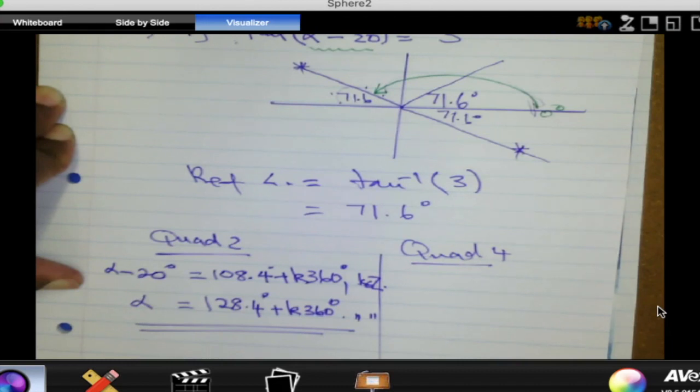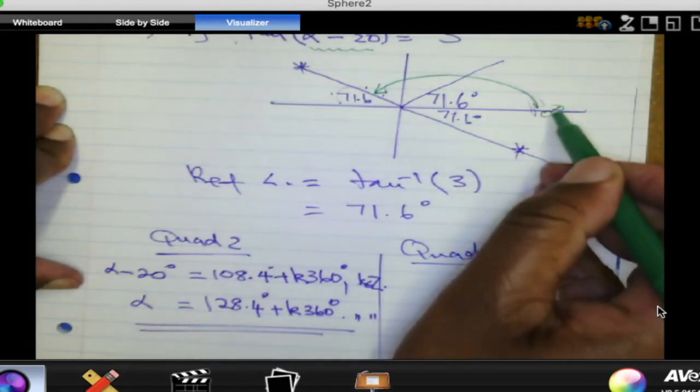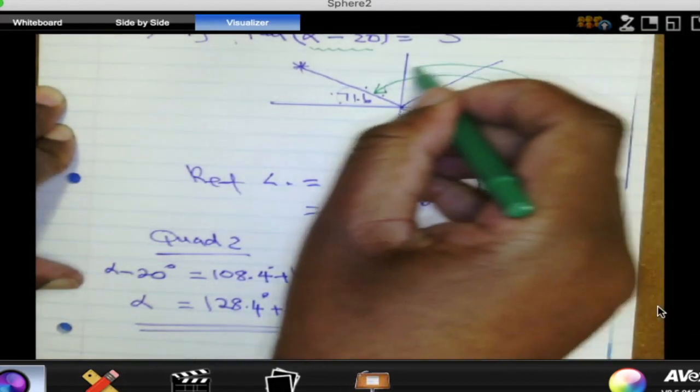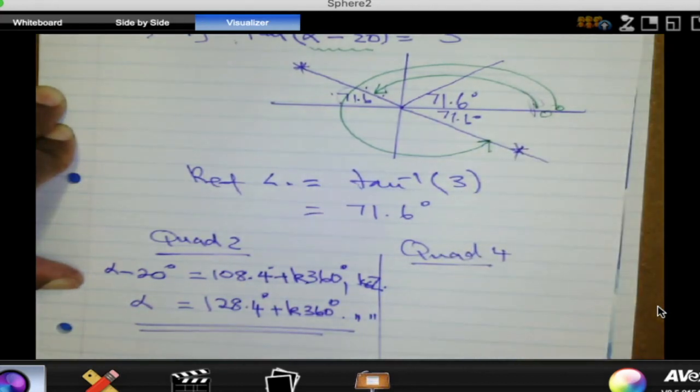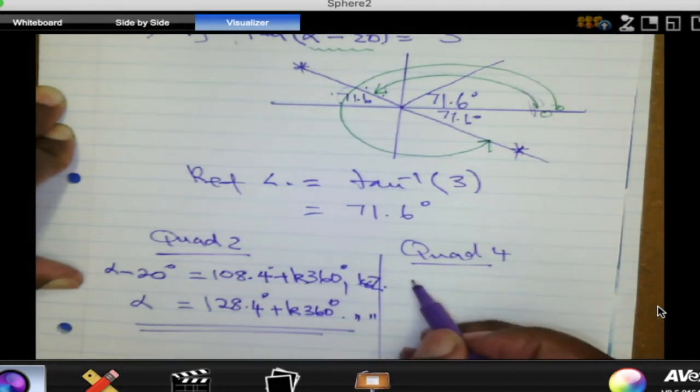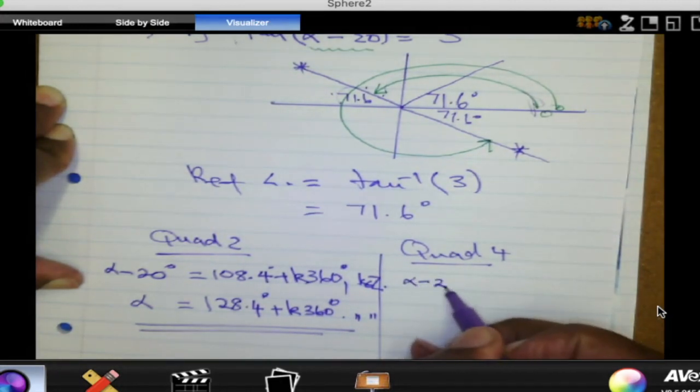And then for quadrant 4, once again, starting from 0, you're going all the way up to quadrant 4. You will understand why you need to subtract 71,6 from 360 degrees. That gives you alpha minus 20.